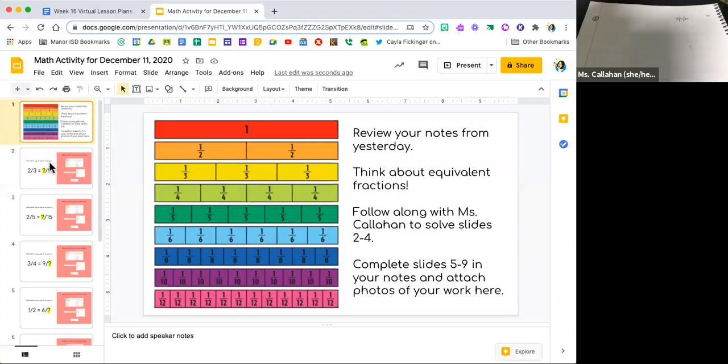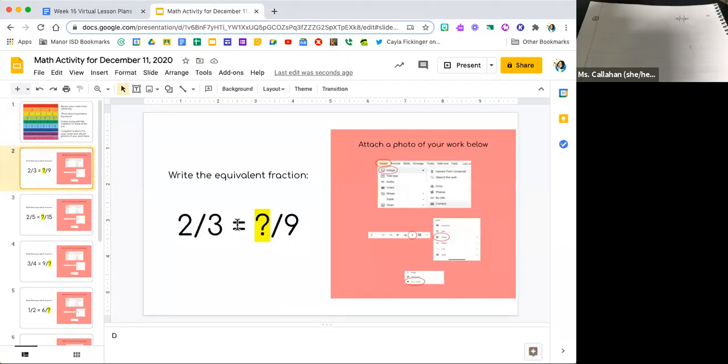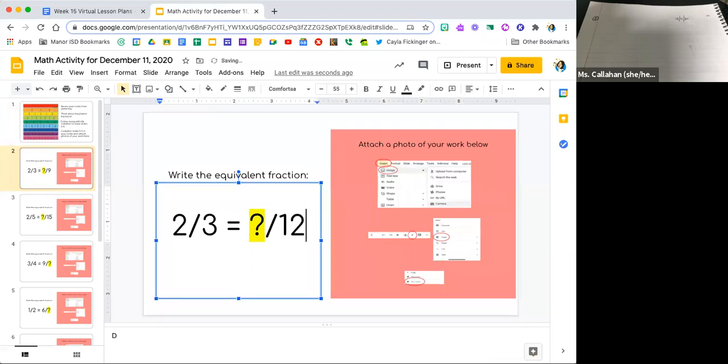So we are starting with slide 2 because slide 1 has the directions and that beautiful fraction bar anchor chart for us. So we're going to start with slide 2, okay? So now let's look at slide 2. Slide 2 says 2/3 is equivalent to question mark over 9, okay? 2/3 is equivalent to question mark over, instead of 9, let's do 12.